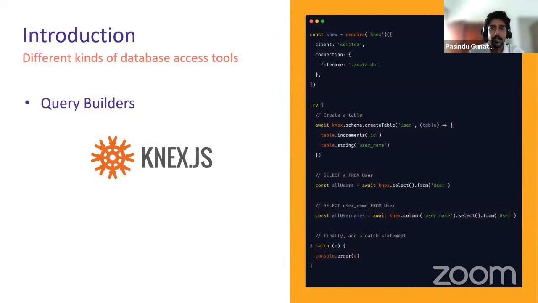How you work with Knex.js, for example, is that there are flexible APIs that abstract all the underlying SQL query statements like creating tables or select statements and things like that. Since there's one abstraction layer on top of this, there is still a high level of control and also a little amount of productivity.